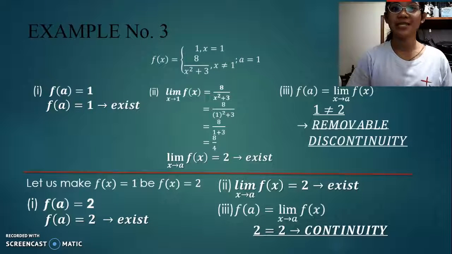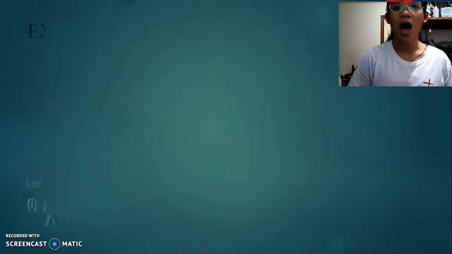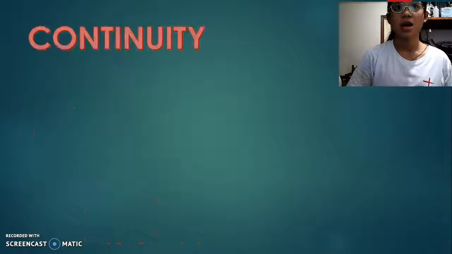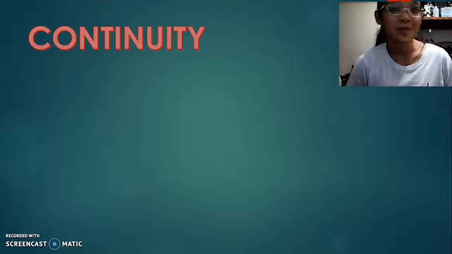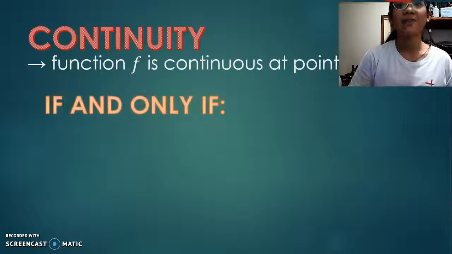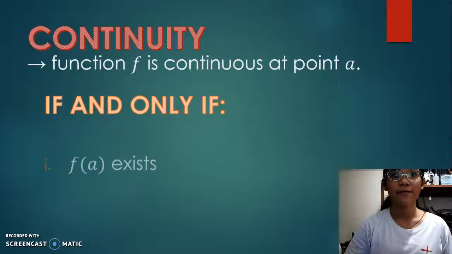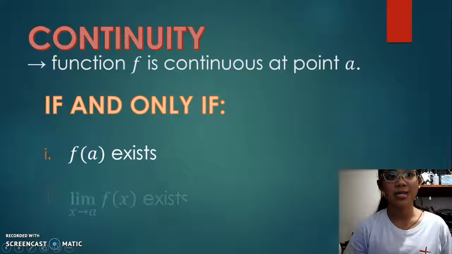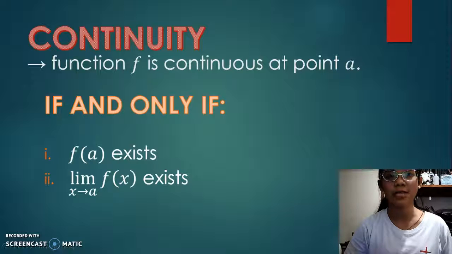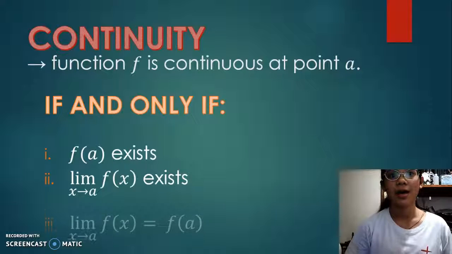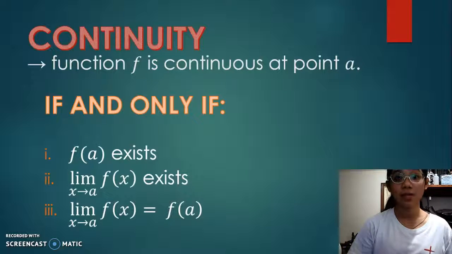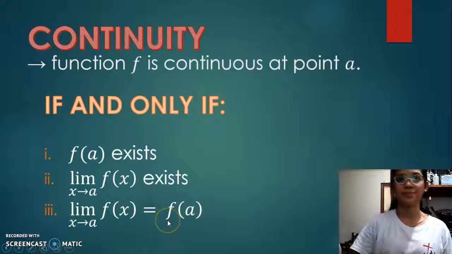Now, after this, let us sum it all up together. What is continuity? Continuity is when function f is continuous at point a if and only if the value of f of a exists, so as the value of the limit of f of x where x is approaching a, and if these two existing values are equal to each other.